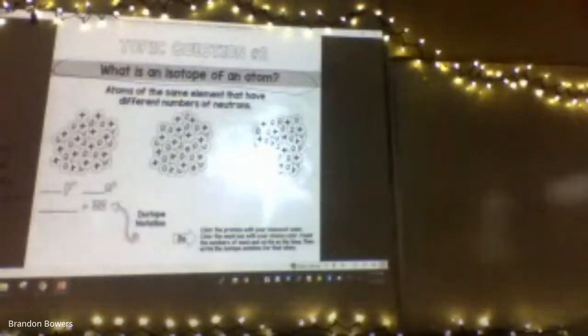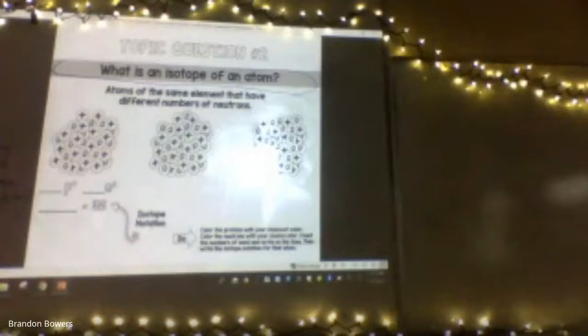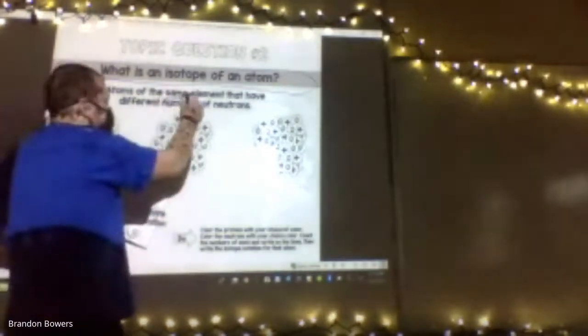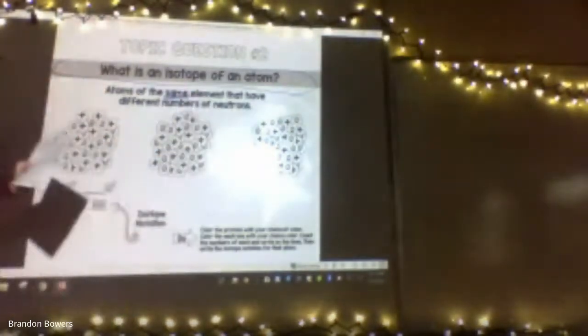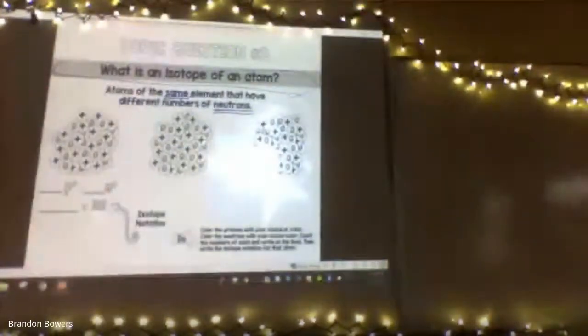An isotope is atoms of the same element that have different numbers of neutrons. Atoms of the same element that have different numbers of neutrons.